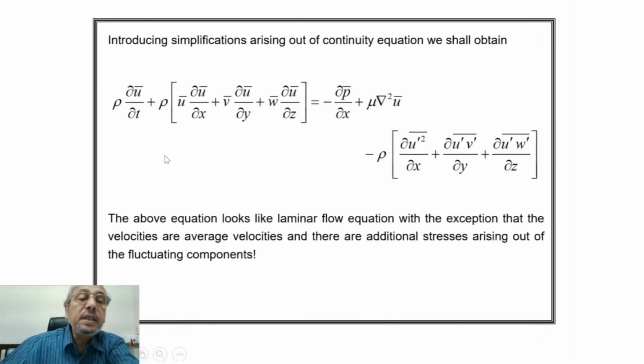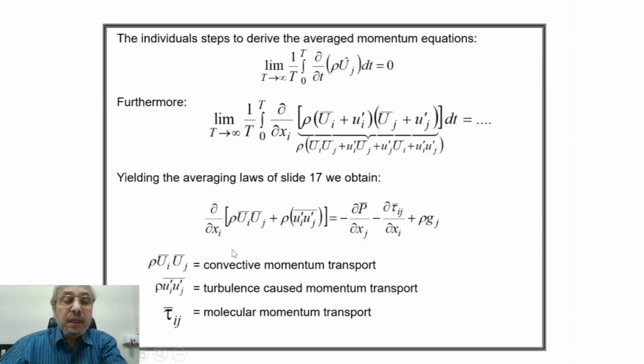While writing the x direction momentum equation separately, I have written rho u bar del u bar del x, v bar del u bar del y, w bar del u bar del z equal to minus del del x of p bar plus mu del square u bar. And here we have written minus rho, which means we transfer this entire quantity from left to right.